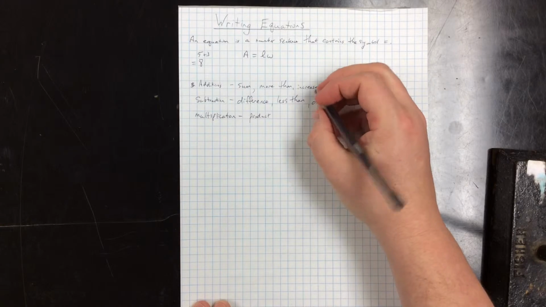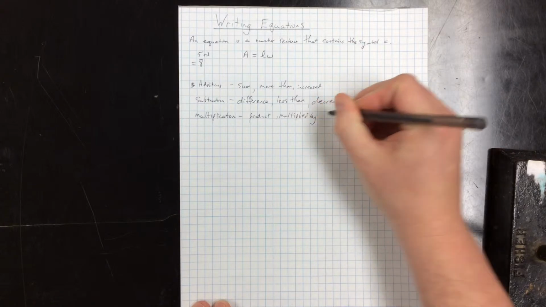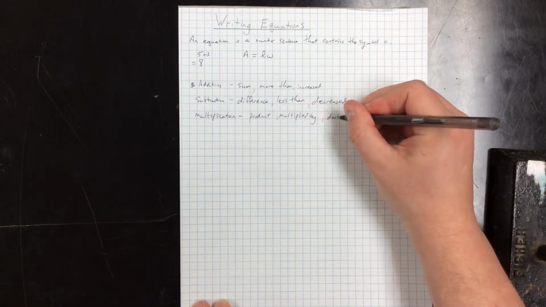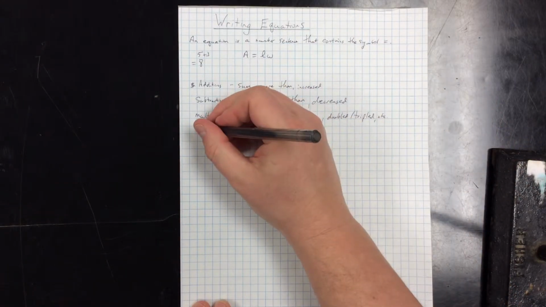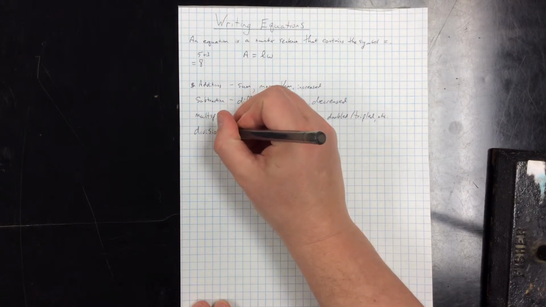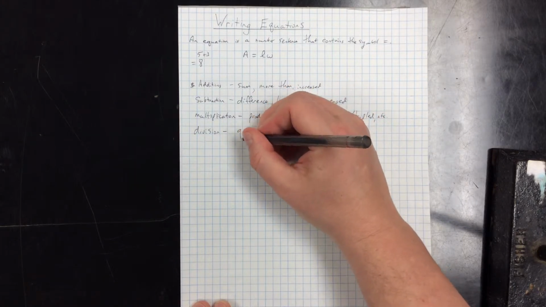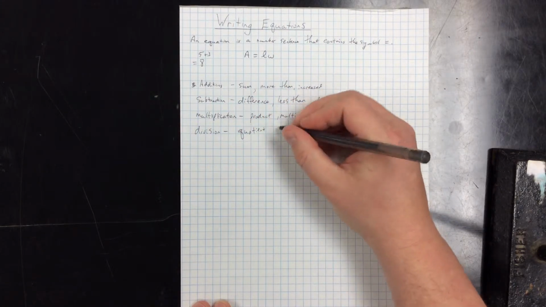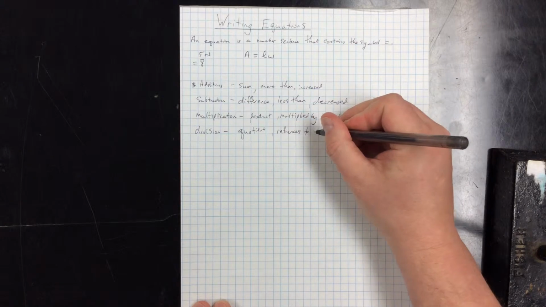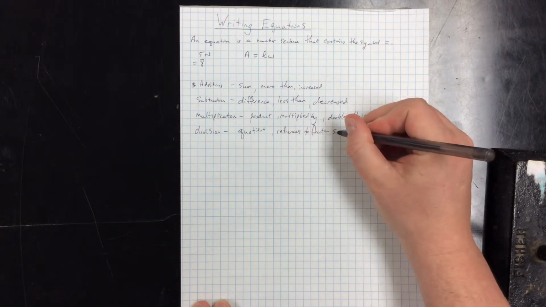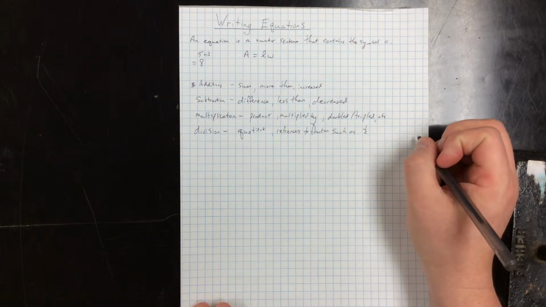The product of two numbers, multiplied by, and then words like doubled, tripled, etc. And for division, we're going to see words like quotient and references to fractions, such as 1/2 of, 1/3 of, 1/4 of.